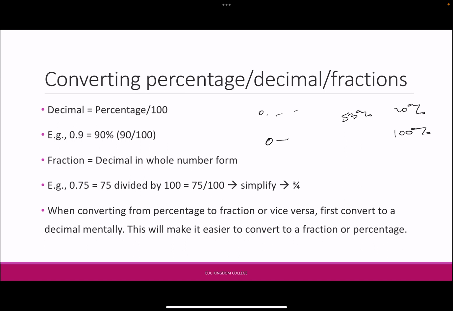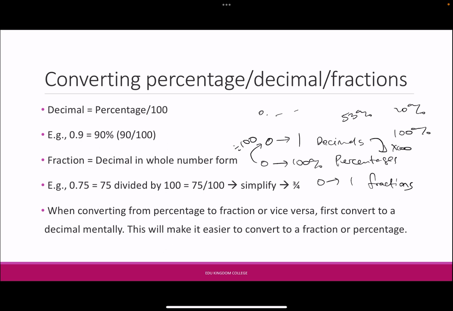Decimals go from 0 to 1, percentages go from 0 to 100, and fractions also go from 0 to 1. Converting between decimals and percentages, we just multiply or divide by 100. From decimals to percentages, times 100. From percentages to decimals, divide by 100.